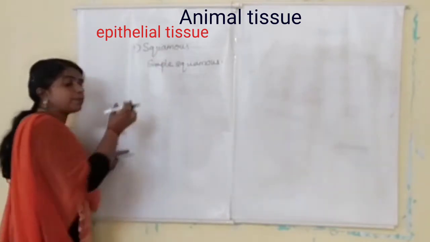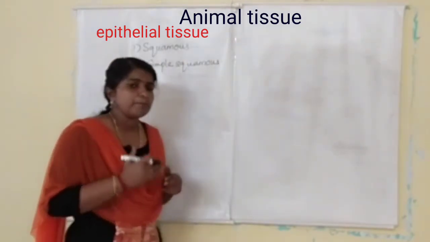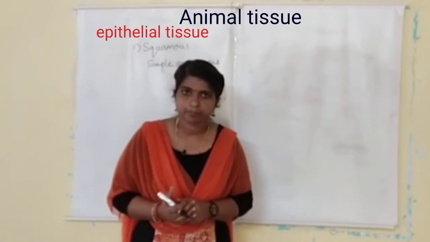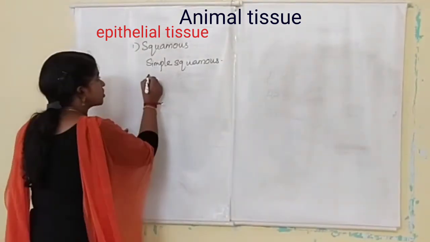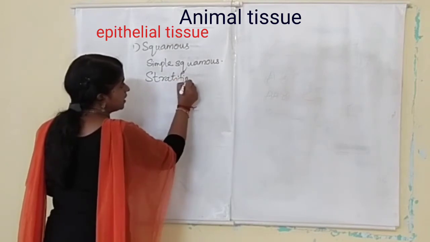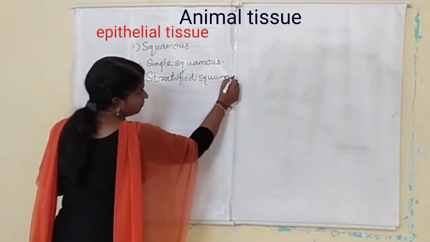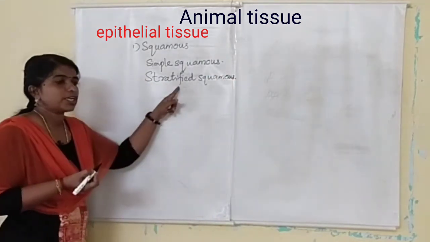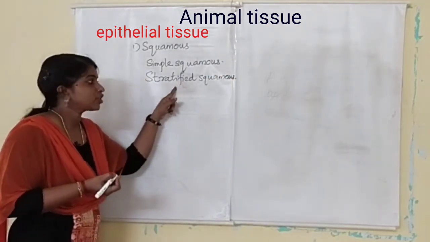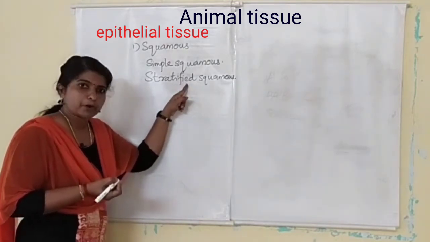The squamous epithelial cells are also present in the skin, but there many layers are present. So it is known as stratified squamous epithelium. Skin is made up of stratified squamous epithelium. Function is protection.